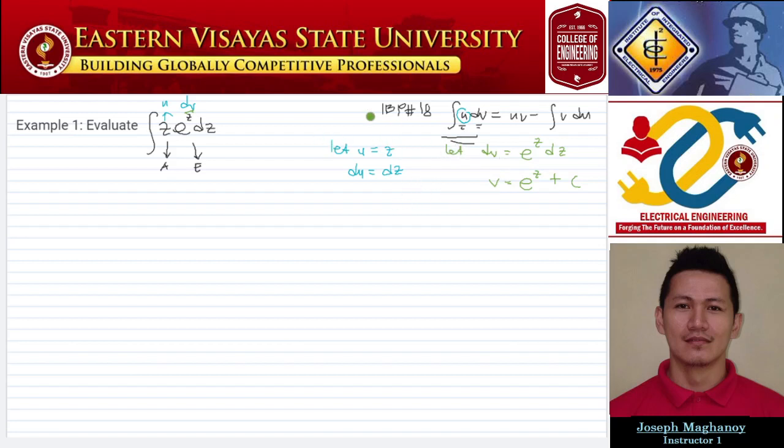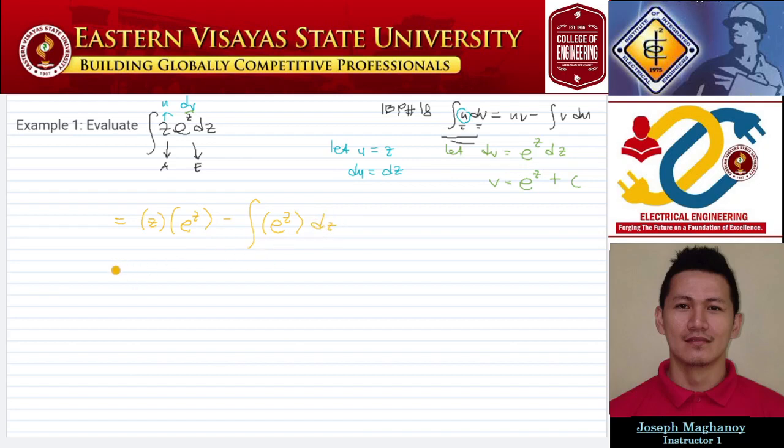Then we rewrite our function according to the alignment of IBP formula number 18. What is our u? That is z. What is v? That is a raised to z, minus the integral of v, a raised to z, then du is dz.